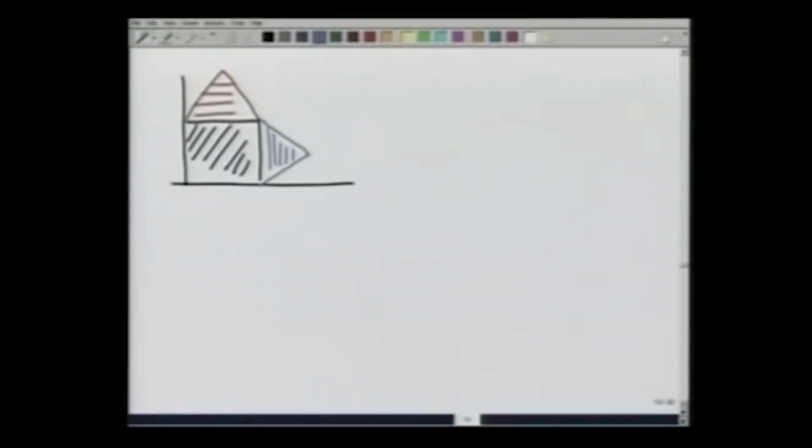I wish to calculate the centroid of this assembly. Let me call this number 1, let me call the triangle here number 2 and let me call the red triangle number 3. Then I know that x_c1, that is the x coordinate of the centroid of the square, is going to be, if this side is a, a divided by 2.